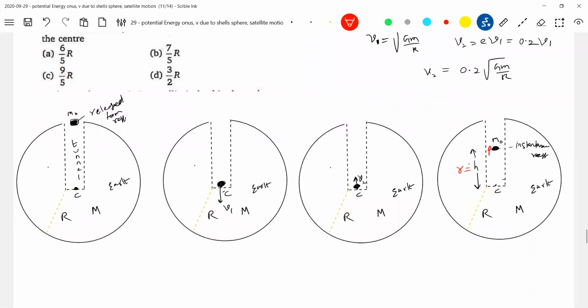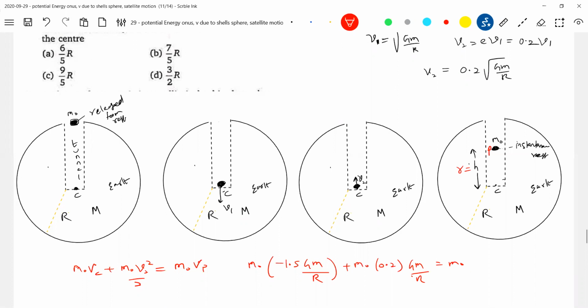So writing that: m naught into potential at C plus m naught v2 square by 2 should be equal to m naught into potential at point P. Capital letters and small letters are very important. Potential at point C will be minus 1.5 times GM by R. V2 is 0.2 times root of GM by R.